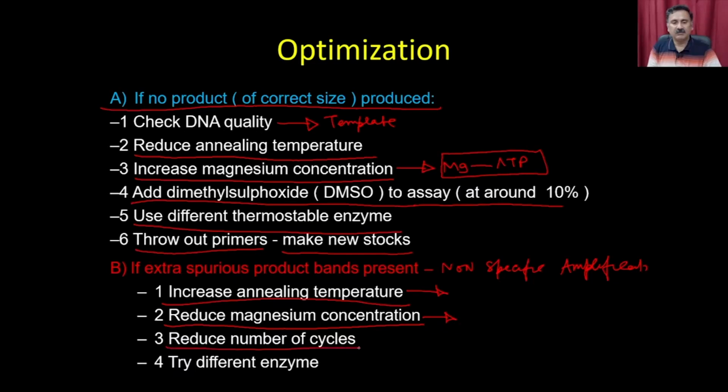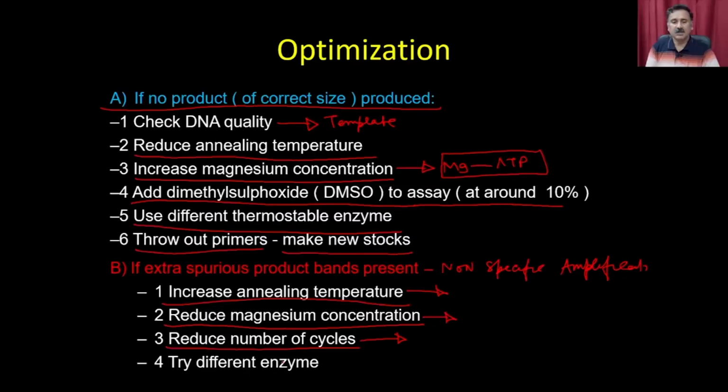You can reduce the number of cycles. Sometimes if you are running it for 30 or 40 cycles, the enzyme becomes tired and starts making non-specific product. In those cases you can reduce the cycles, and you can also start using a different enzyme like Pfu, so that there is more specificity in the system, and it is going to give you a better amplified product.